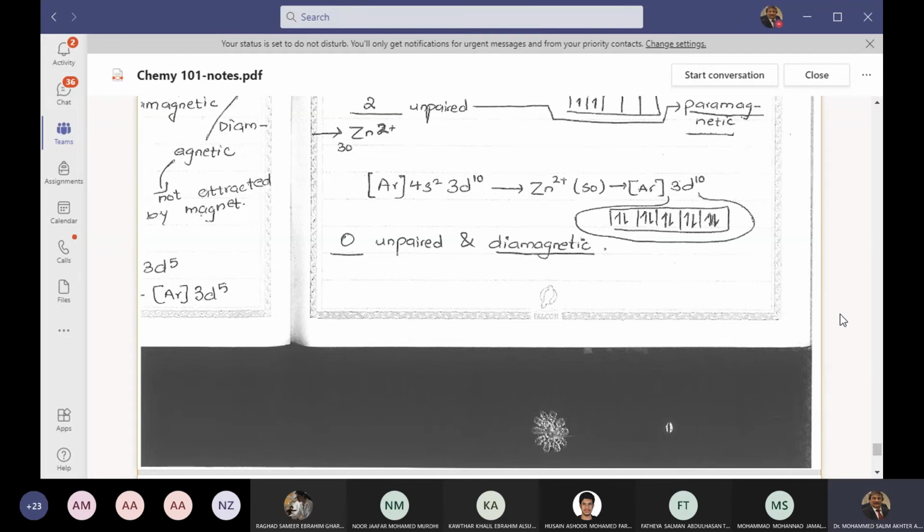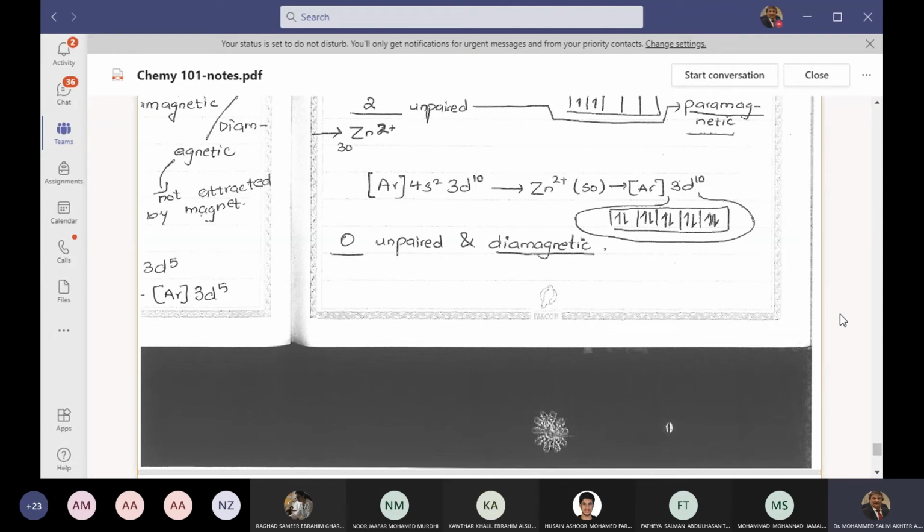Do it again, please. Ni4 plus. Normal configuration Ar 4s2 3d8. Did you write? Good. 4 plus. How will you remove electrons? You will remove 2 from 4s and 2 from 3d8.